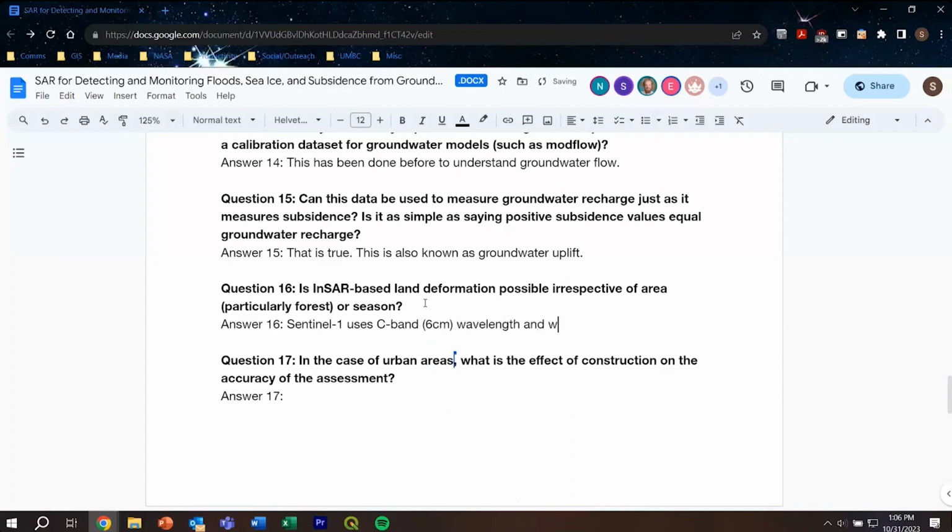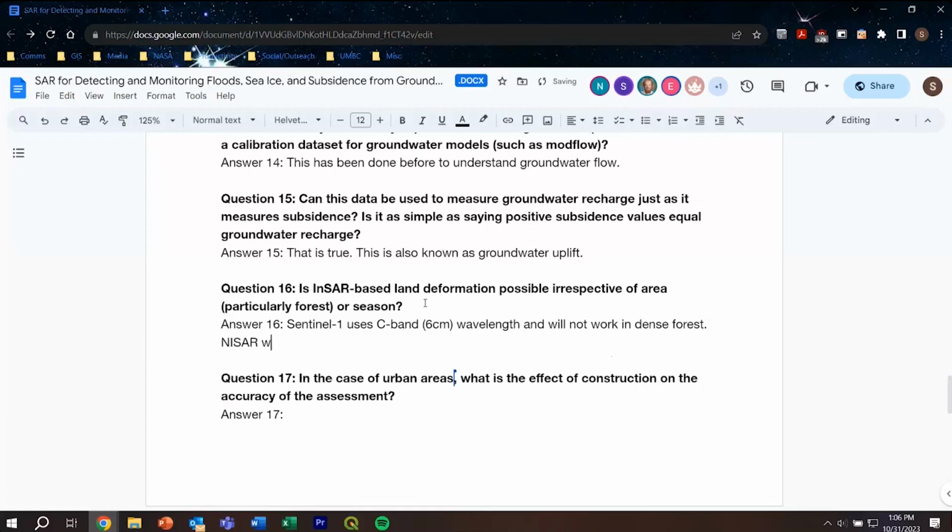That is the main reason why NISAR will be using the longer L-band wavelength to better do InSAR in forested areas. Snow cover will also be a problem in certain areas. Even L-band SAR will not work when the ground is covered with snow.